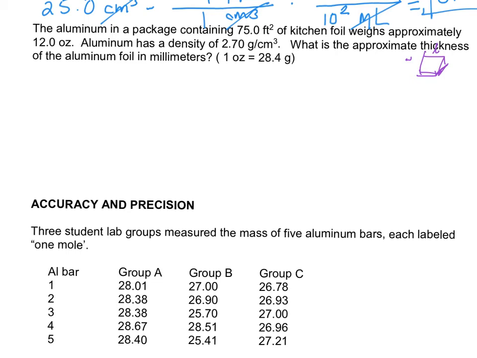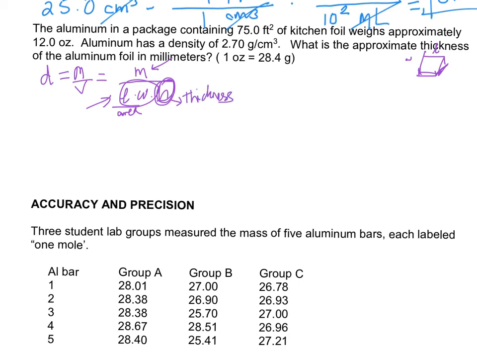And we want to figure out the thickness, so basically the height of it. So let's see what we can do. Well, we know that the density is mass over volume. If it's a rectangular piece of foil, then the volume is length times width times height. Height is your thickness, of course. So that's what we're looking for. We're given the mass. We're also given the length times width altogether as your area. So this is your area, this is your thickness.